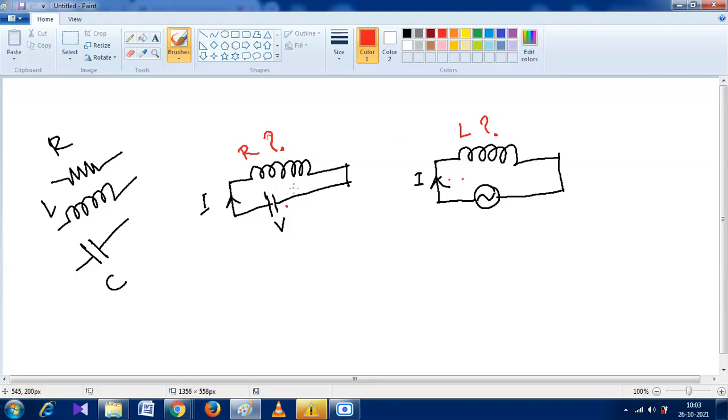First, we are considering that we have a coil where we give a DC supply, and the coil behaves like a resistor. And when we give AC supply, the coil behaves like an inductor.